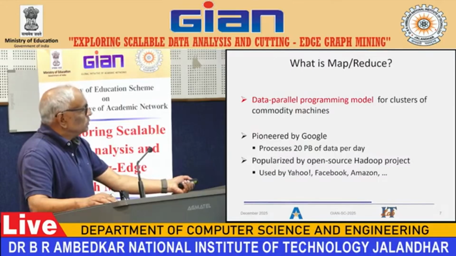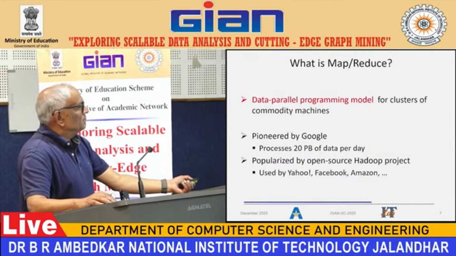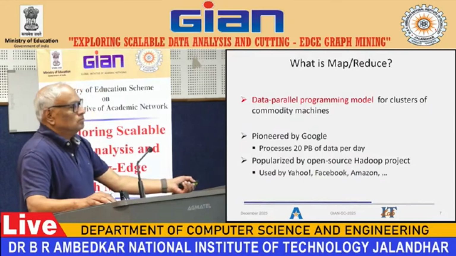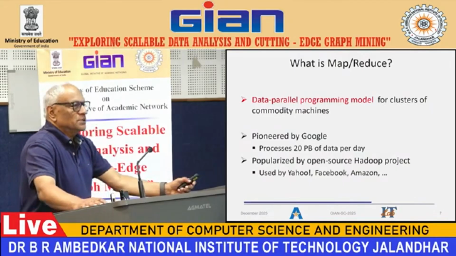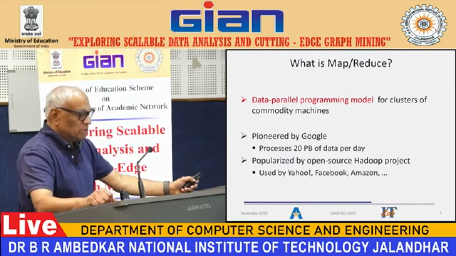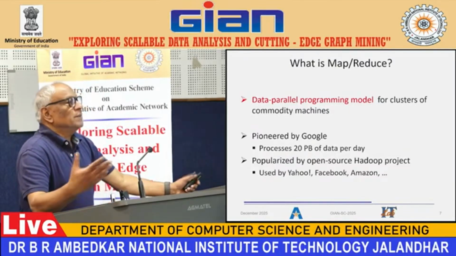Even though Google, surprisingly, developed MapReduce, the publicly available version today was developed by Yahoo. We call it Hadoop. Google for some reason did not want to make their system available to the public.